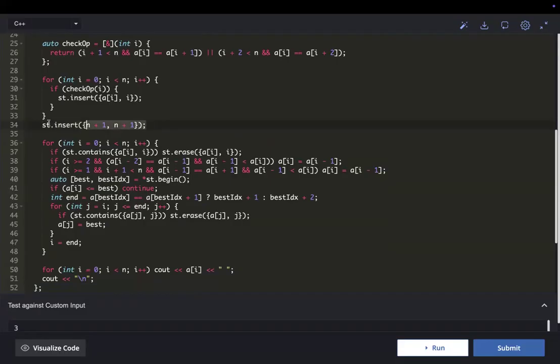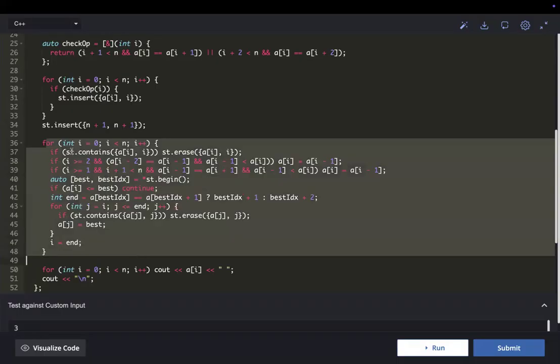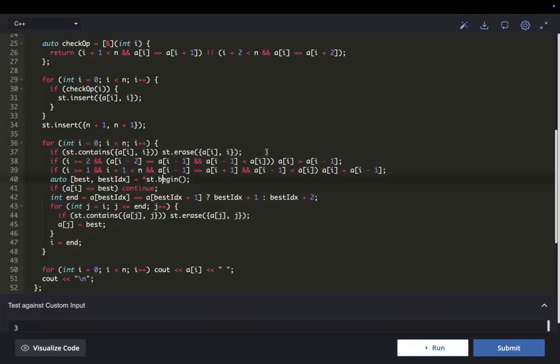If you have this as the first element of the set, then it won't affect the logic, but it will make my code cleaner. Here I'm iterating from the left to right direction, from 0 to index n minus 1. And first of all, I'm clearing my set. This is something specific to my implementation. If you have a different implementation, you might not have this line.